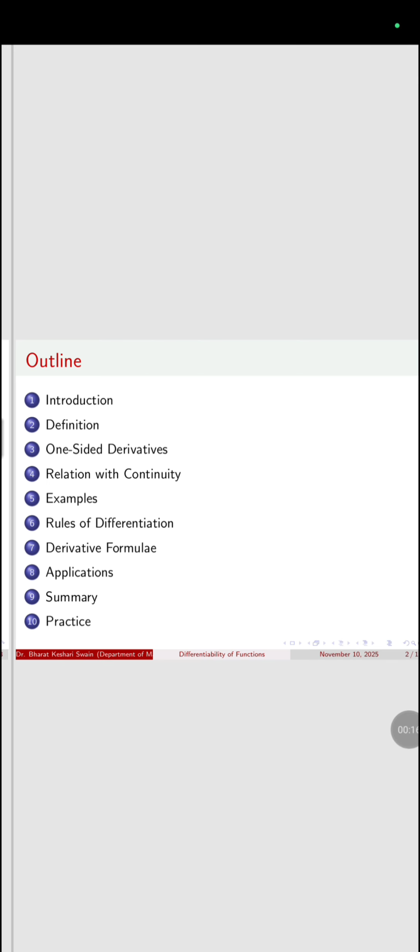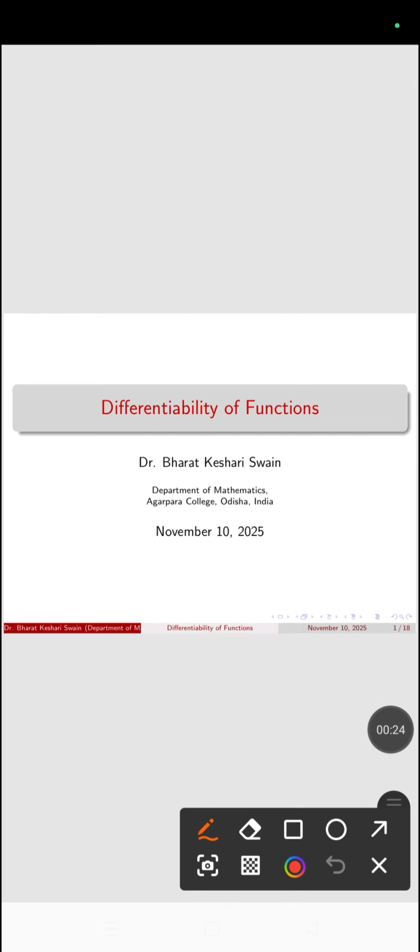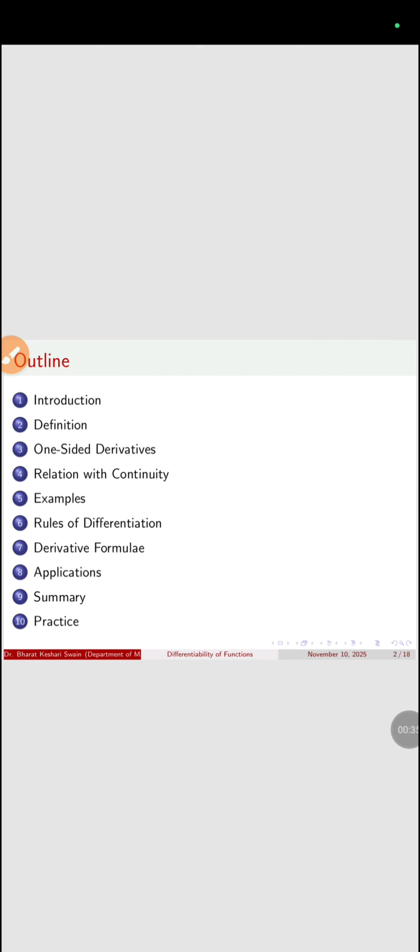So, in this lecture, we will discuss the differentiability of the function. These are the outline of what we are going to discuss.